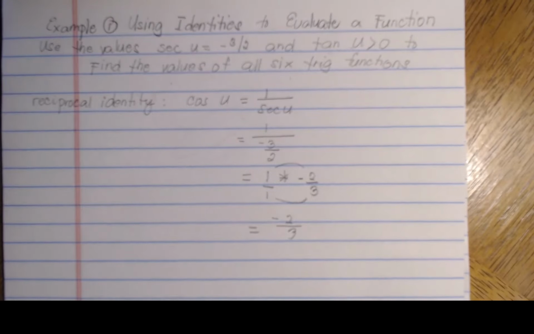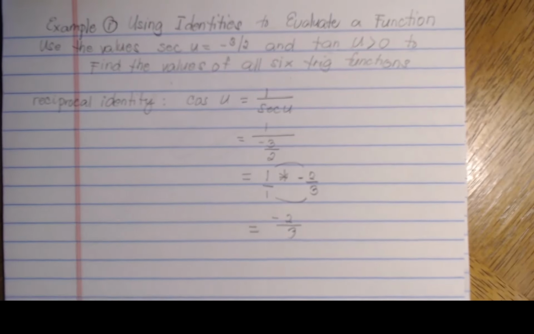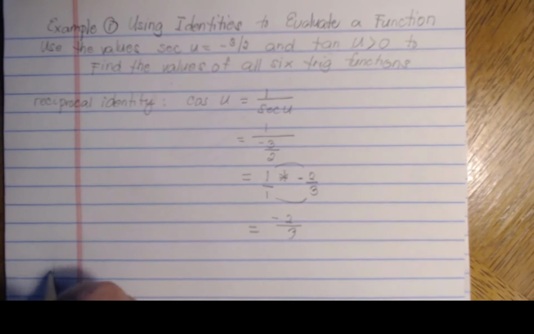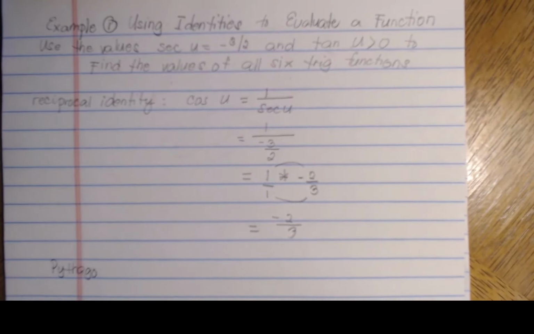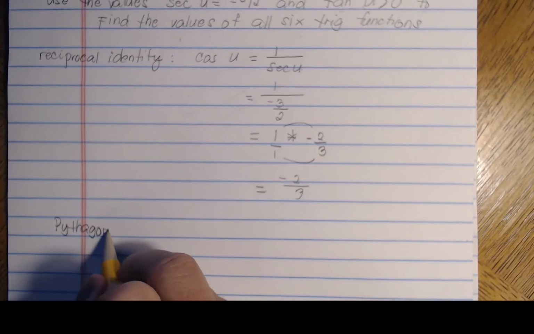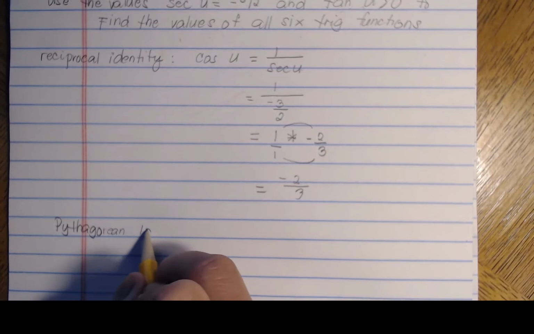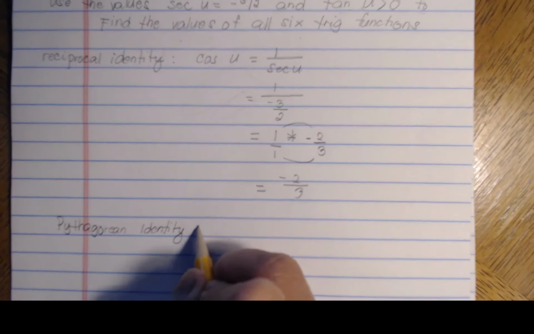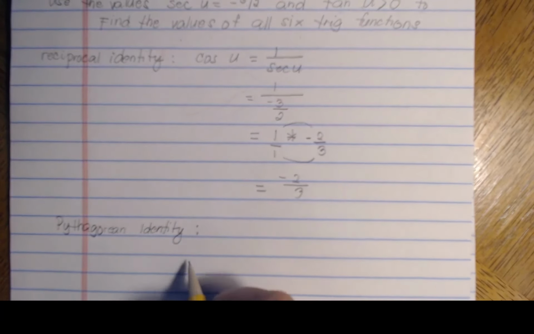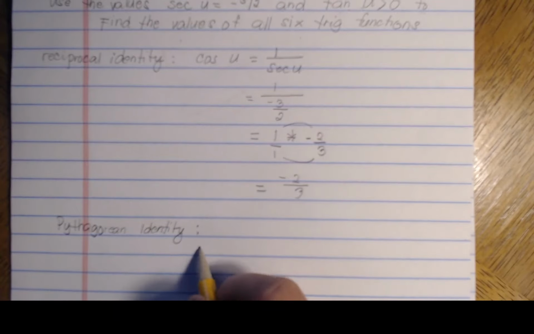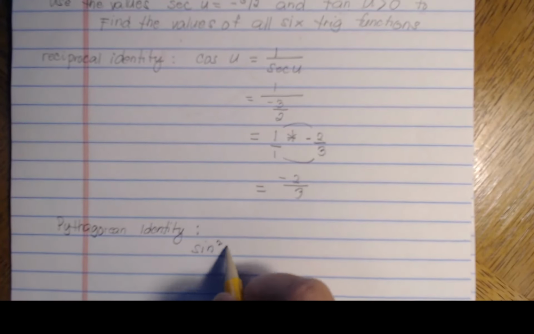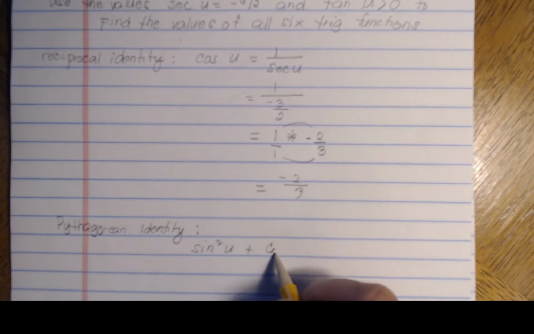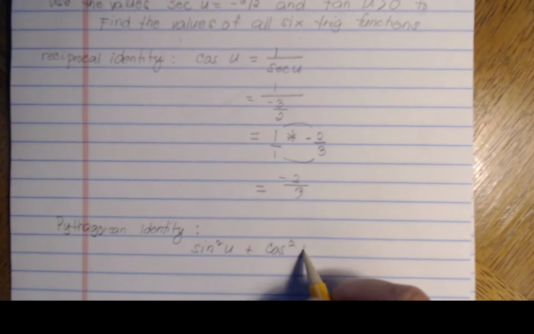So now, using the Pythagorean identity, we're going to use sine squared u plus cosine squared u equals 1.